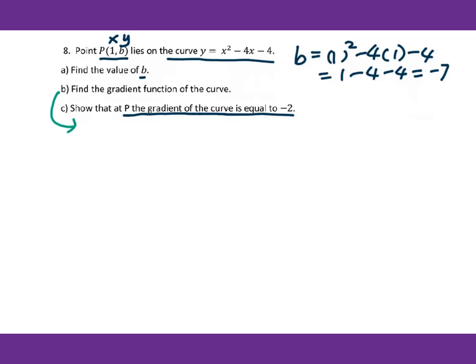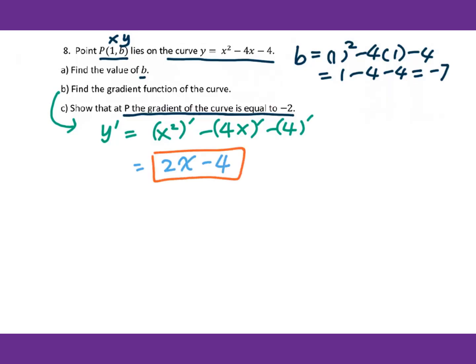For the gradient function y prime, for x squared we do the derivative, minus 4x we do the derivative, minus 4 we do the derivative. So you get 2x minus 4. This will be the gradient function.